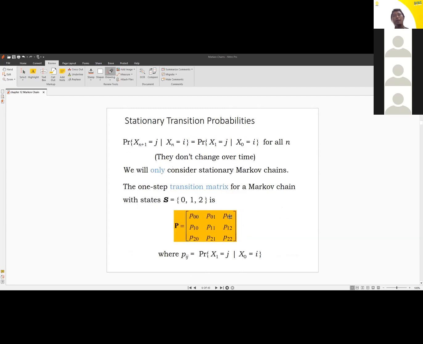And then we move forward to stationary transition probability.